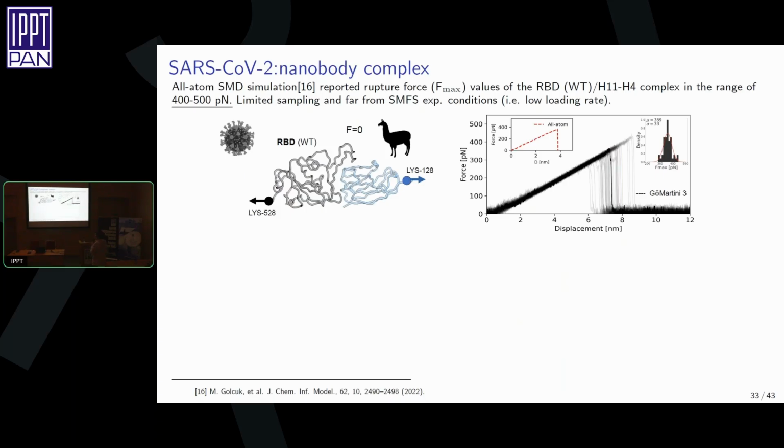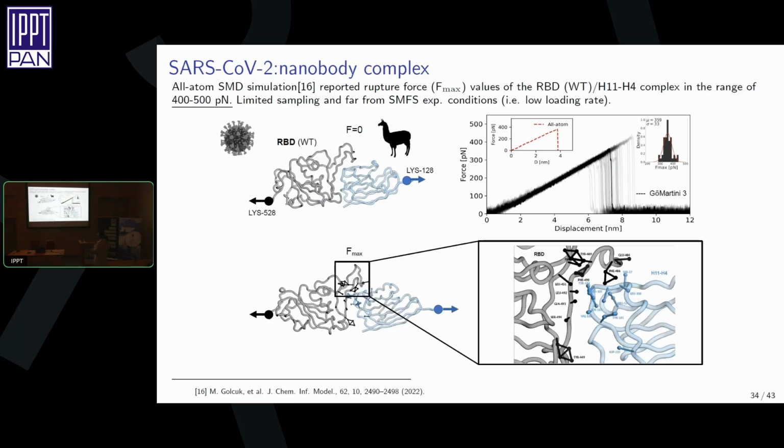While in our case, we did hundreds of coarse-grained steered molecular dynamics simulations for the same protein complex, and then you could see the distribution of the forces around these maximum forces. And okay, so once you have this, then you wonder, so what is happening? Who are the amino acids that are responsible for the Fmax?